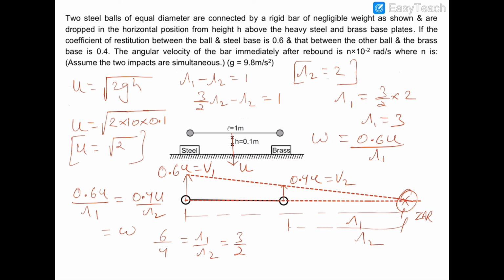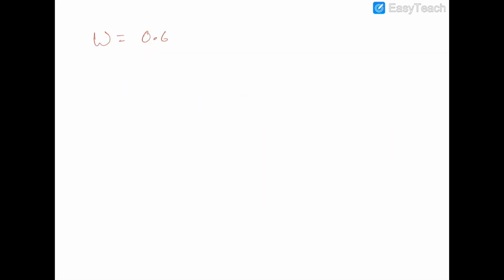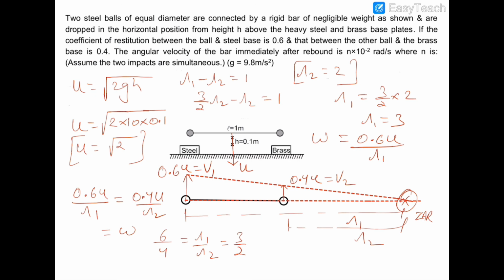Now we know that omega is 0.6 U by R1. U is equal to root 2, and the value of R1 is equal to 3.